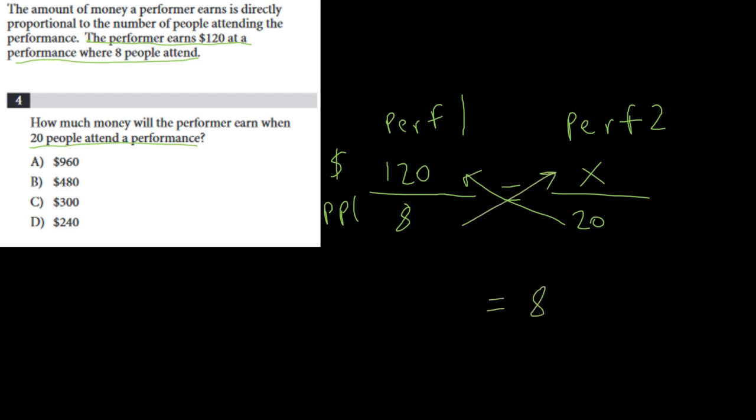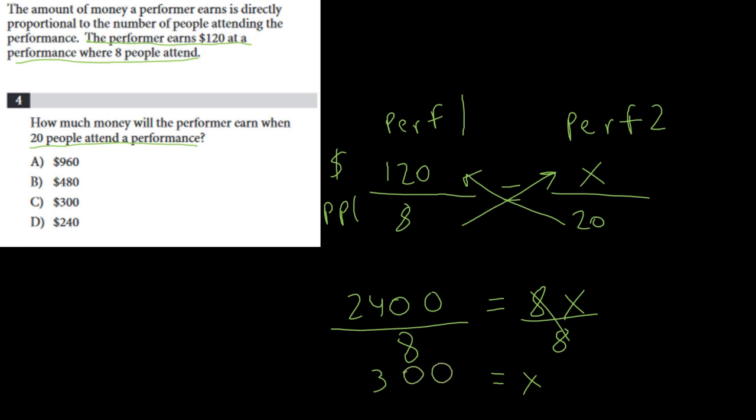So it's 8x. And from here 12 times 2 is 24. I see that there's 2 zeros, so I add 2 zeros there. From here I divide by 8. And then x equals 24 divided by 8 is 3. And then there's 2 zeros at the end, so the answer would be C.